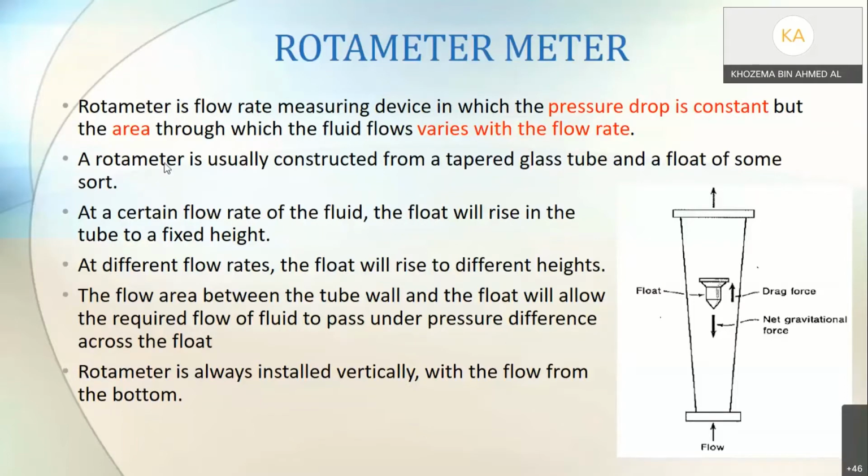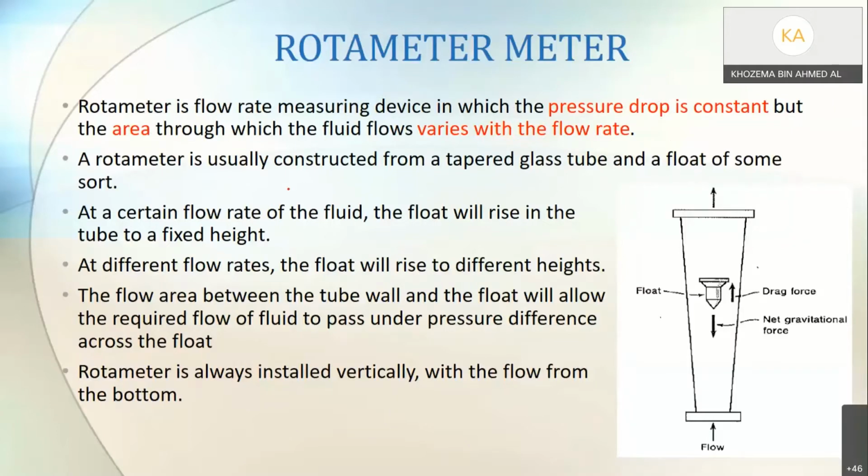A rotameter is another type of meter that is used to measure flow rate, in which the pressure drop is constant, but the area through which the fluid flows varies with the flow rate. So for the venturimeter and orifice meter, it is dependent on the pressure difference.